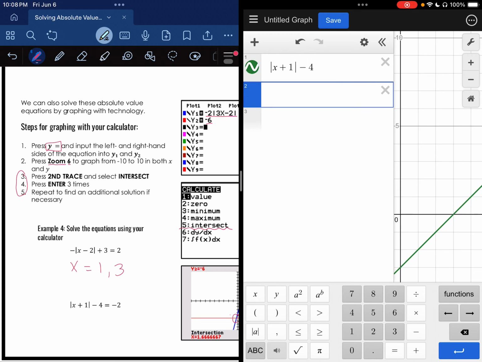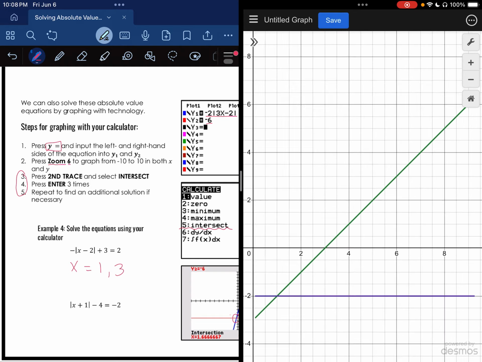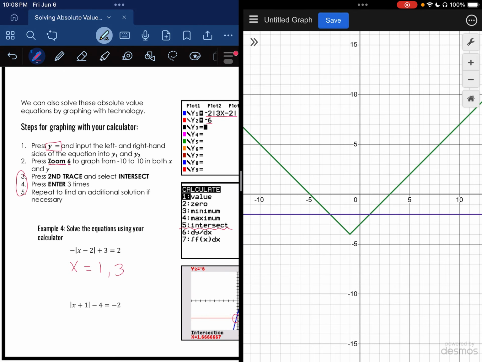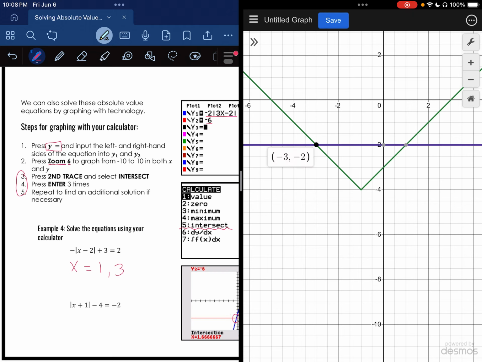And over here, we'll do y equals negative 2. You can just zoom by pinching the screen. And again, same thing, it's going to say, hey, I bet you want to know where these guys intersect. And of course we do, and that happens when x is negative 3 and x is 1.